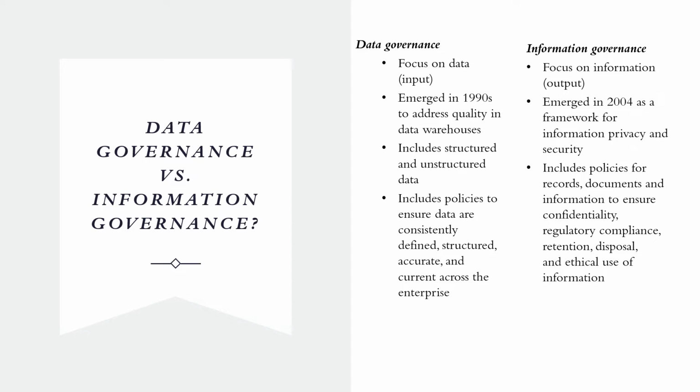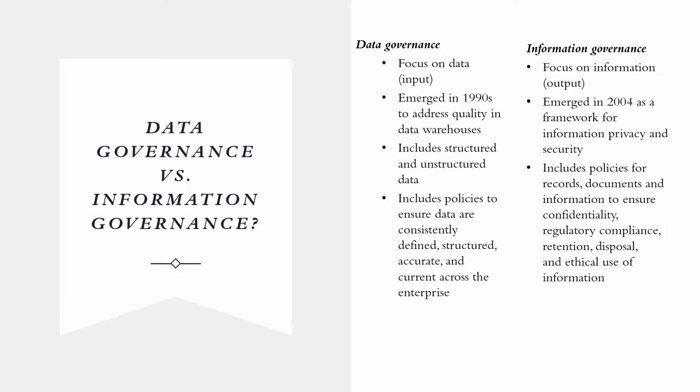Information governance focuses on information, which is the output. So what are some examples of output? A release of information, retention and disposal policies, documentation requirements, legal holds, regulatory compliance, records management, ethical use of information, and intellectual property ownership.